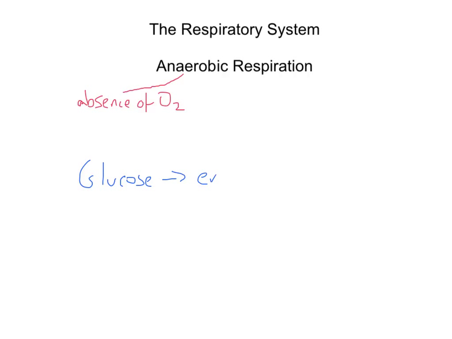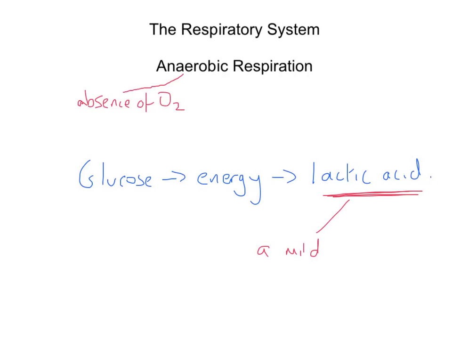and that produces energy. Now without oxygen we then produce a byproduct called lactic acid. Massive key term here. Now lactic acid is a mild poison, which is a byproduct or a waste product of anaerobic respiration.